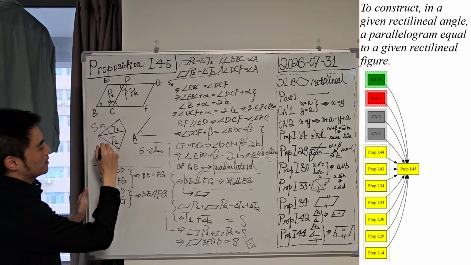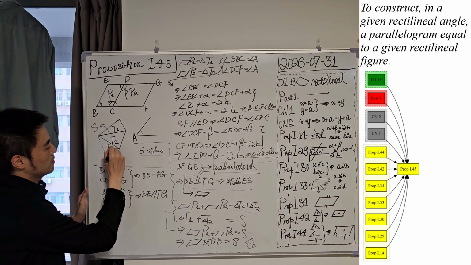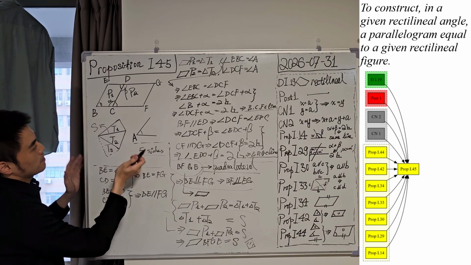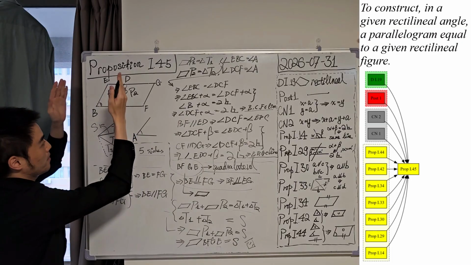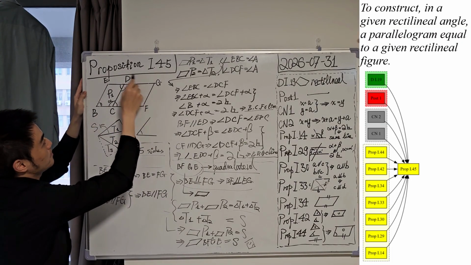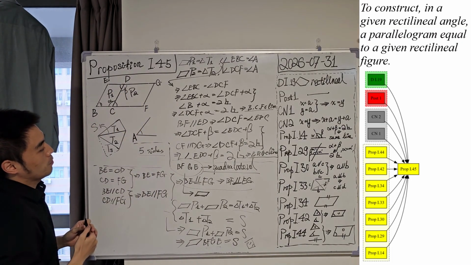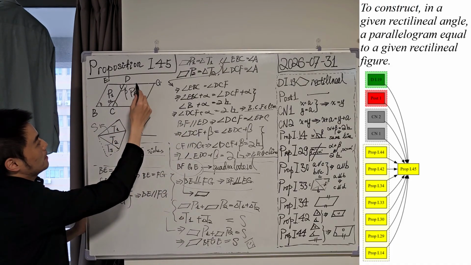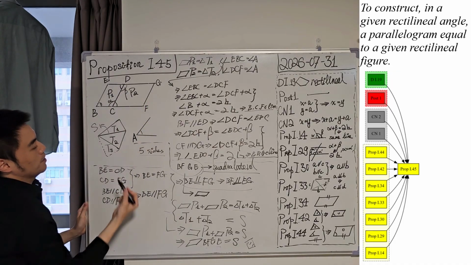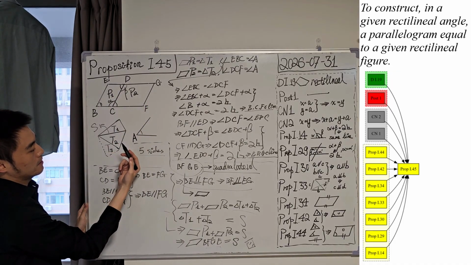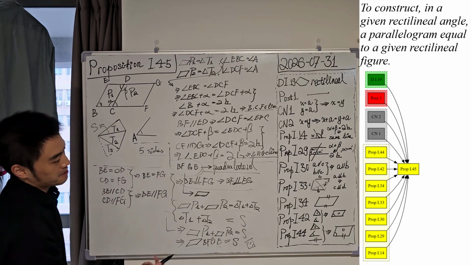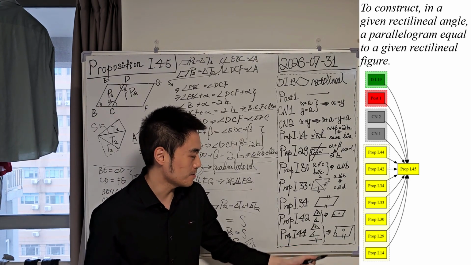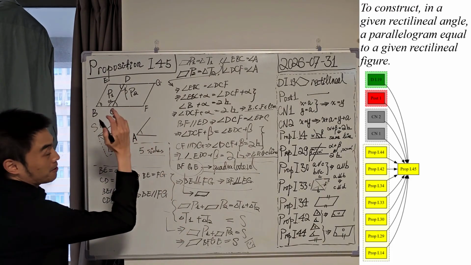And with the same method we can divide it into 3 triangles, and let's assume this is triangle 3. Okay, so with exactly the same steps we are able to construct BFGE as we talked about in the whole proof method. So let's say BFGE will be equal to T1 plus T2, right? And let us just apply proposition 44 again so that we are able to construct another parallelogram here.